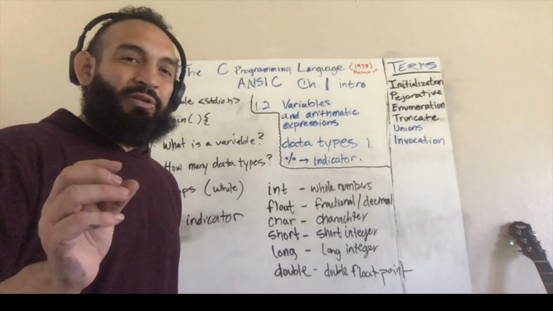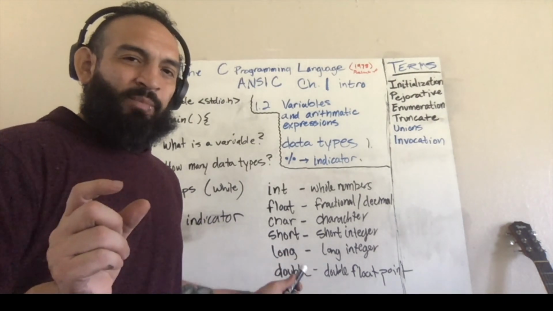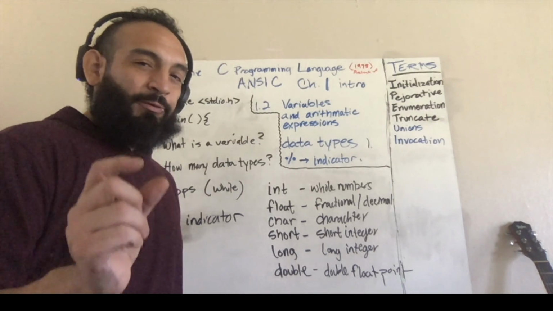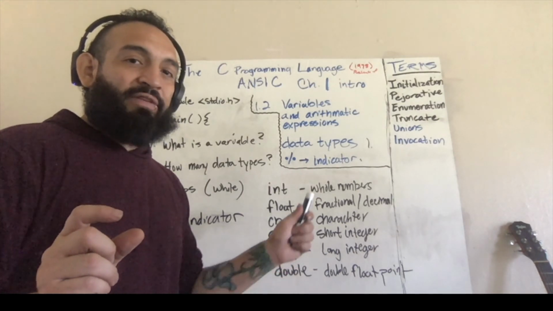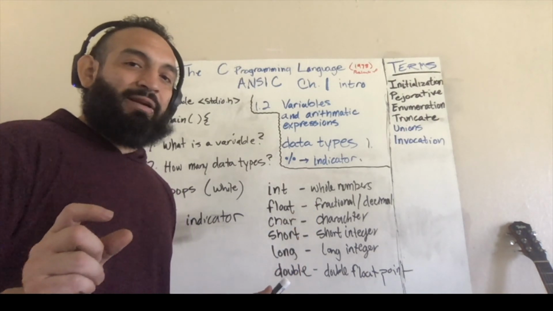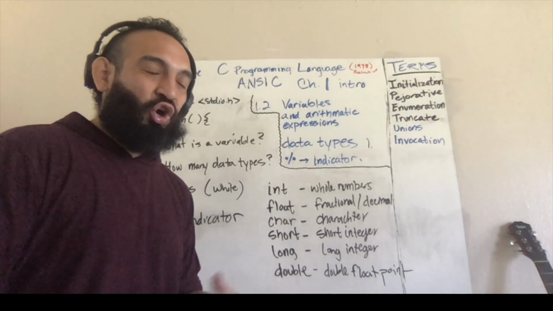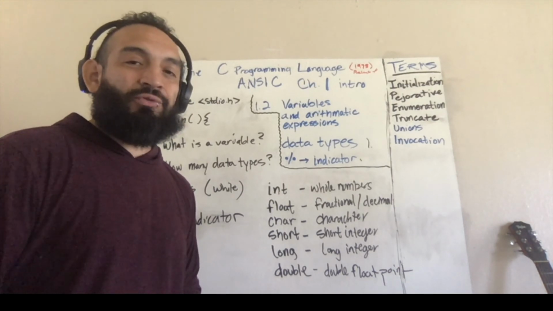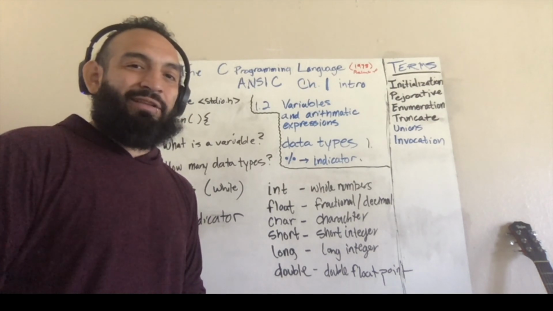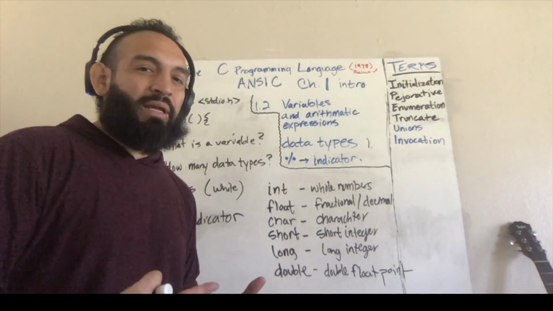It reserves a certain amount of space within the computer, within the memory in the computer, for whatever type of data you're declaring, because it's data. It's hard drive space. It's information that we're saying we're going to store, use, create, or manipulate.